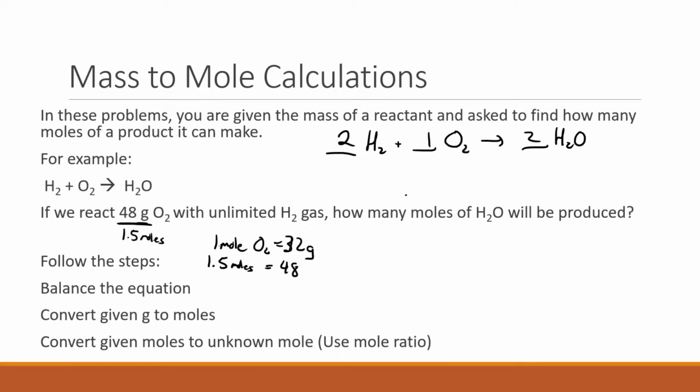So my 1.5 is what's going to go under here, meaning I'm going to get a 3 when I convert with my ratio, right? This doubled, so this doubled. This was times 1.5, so this should be times 1.5. Either way you want to look at it. But now we already did our conversion, so this is our answer. They're asking us for moles, and so we are giving them moles.